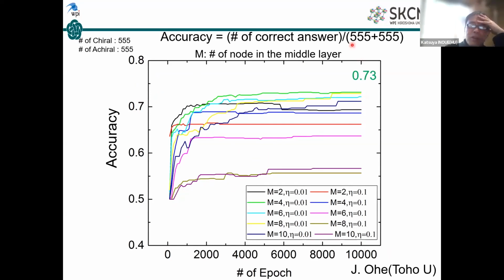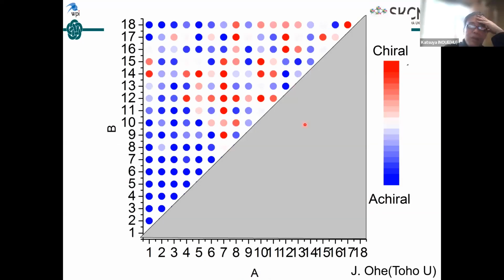We're using more than 1,000 cases. This is a result. The same group numbers are here, 1 to 18, but 70, of course. And the red one means the probability of a chiral crystal is increasing.